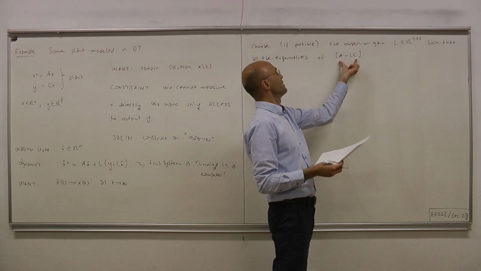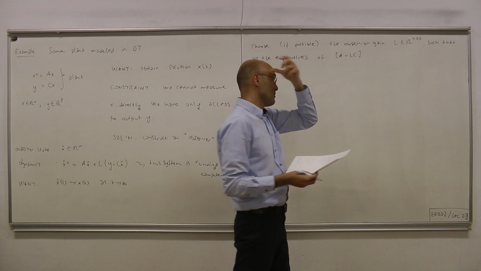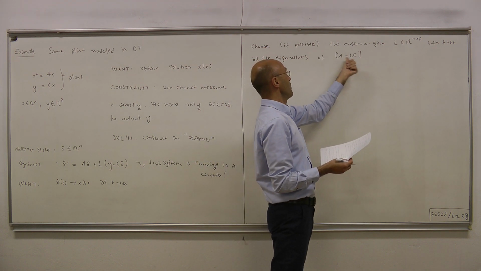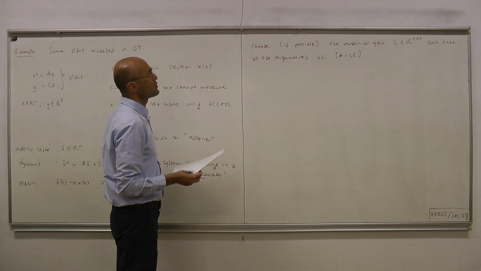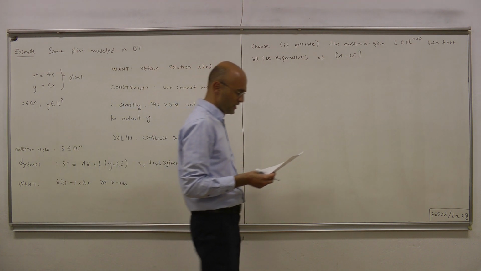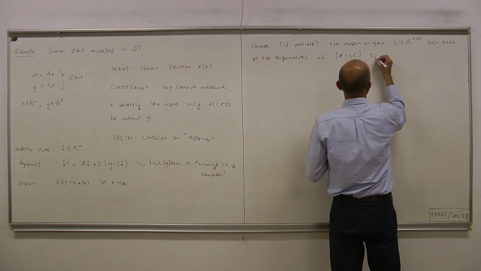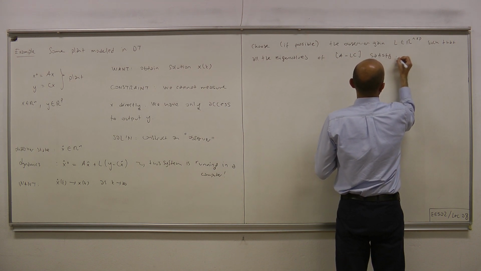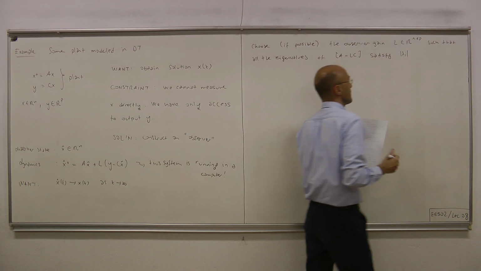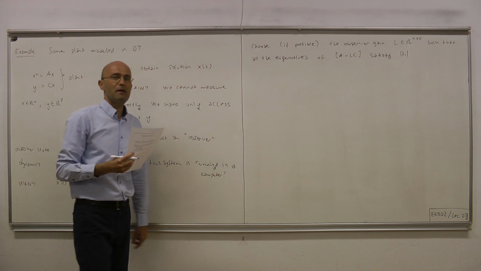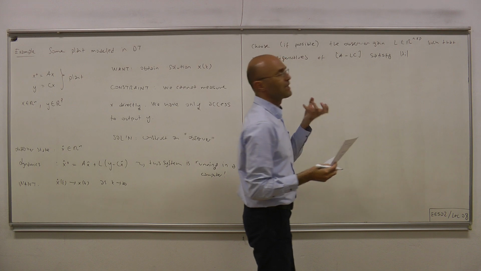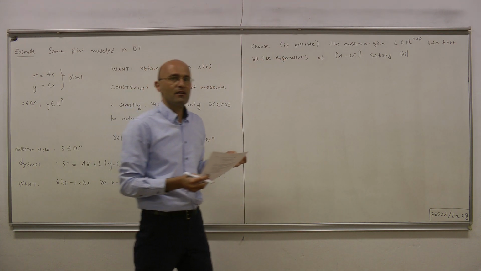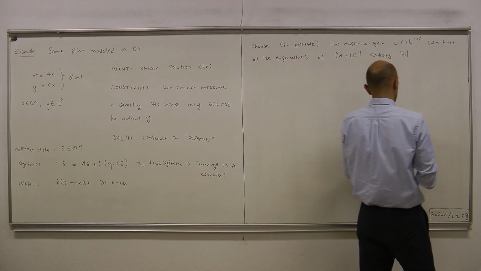Hence, this difference is a valid subtraction, so both A and LC are n by n matrices. All the eigenvalues of this matrix A minus LC will satisfy the property that their magnitudes are strictly less than 1. In other words, they all lie in the open unit disk in the complex plane.